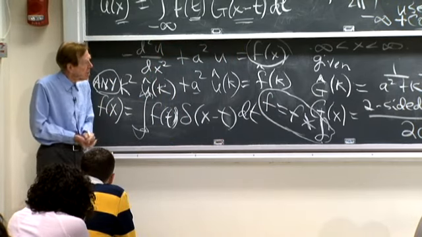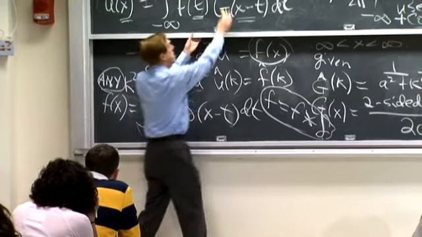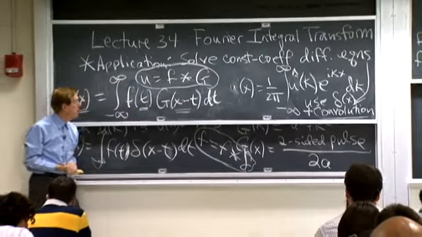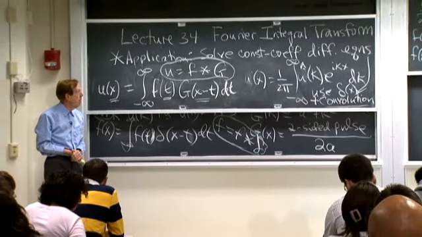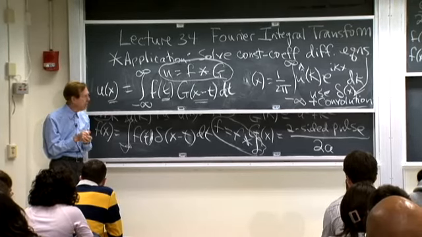So that's the way to look at it in physical space, and this is the way to look at the solution. So one more thought, and I'll come back to that.